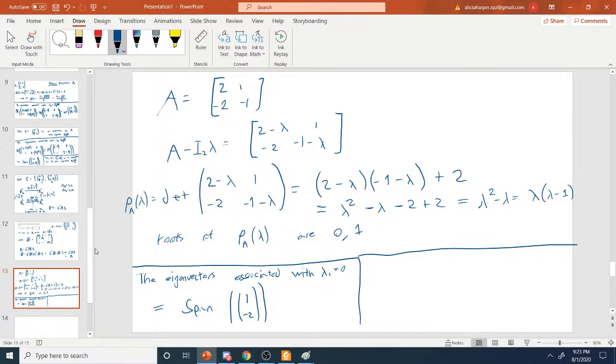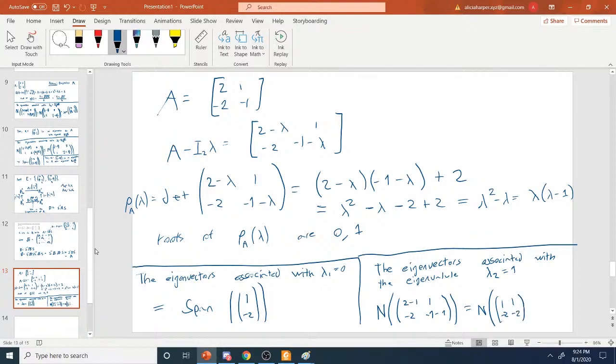And I can also see that the eigenvectors associated with the eigenvalue lambda 2 is equal to 1 is given by the null space of 2 minus 1, 1, -2, and then -1 minus 1, which ends up being the same thing as the null space of the matrix 1, 1, -2, -2, which is the same as the span of the vectors 1, -1.